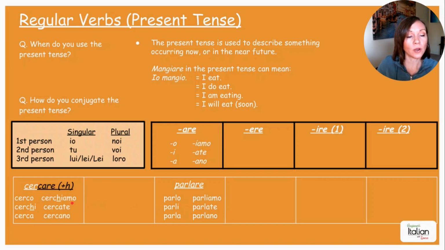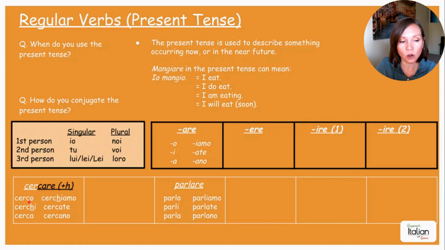Now, if you have an ARE verb that is preceded by a C, you need to add an H in here and here to retain the hard C sound. Otherwise this will change to a soft C. So for instance, cercare is to look for or to search for.